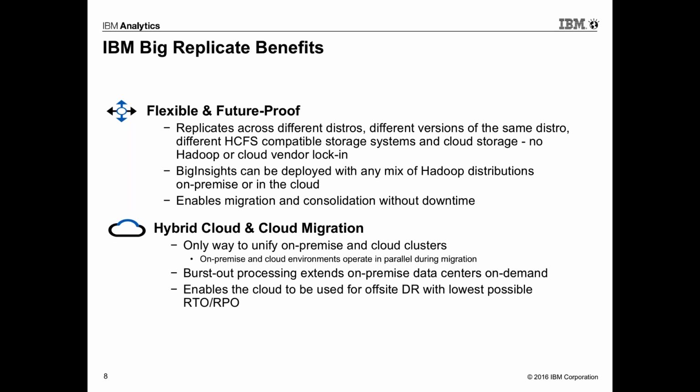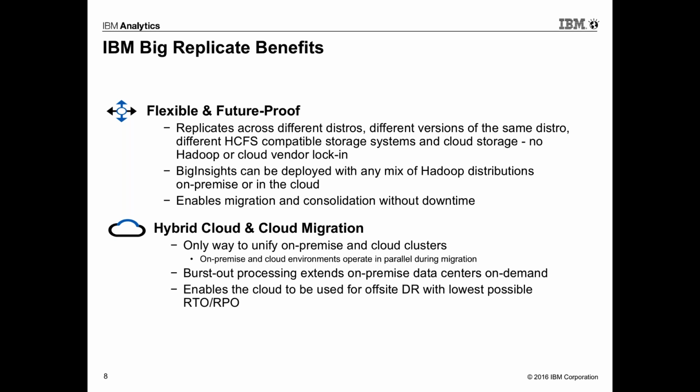Hybrid cloud and cloud migration. As many of you are aware, with hybrid cloud, many people use the cloud as a sort of backup capacity in case the primary cluster gets overloaded because of a certain spike in workload.